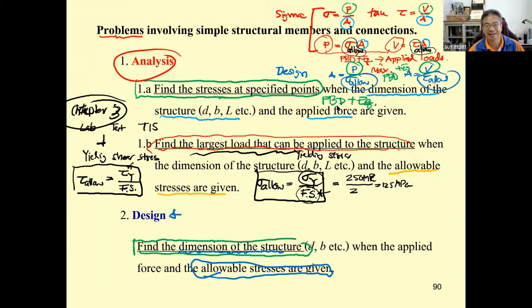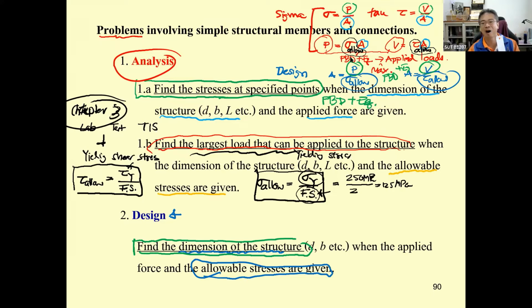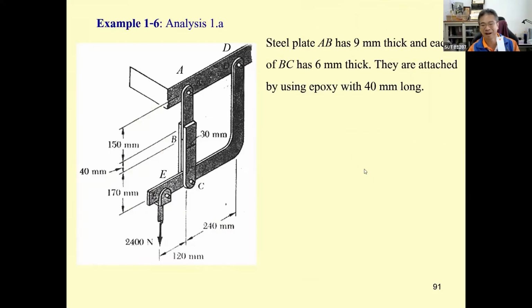Okay, next we come to the same problem that I had last time. I think I went too fast for this problem. Some of you may not have caught this one. Let me go again. This is a problem of a structural member supported by the link ABC.